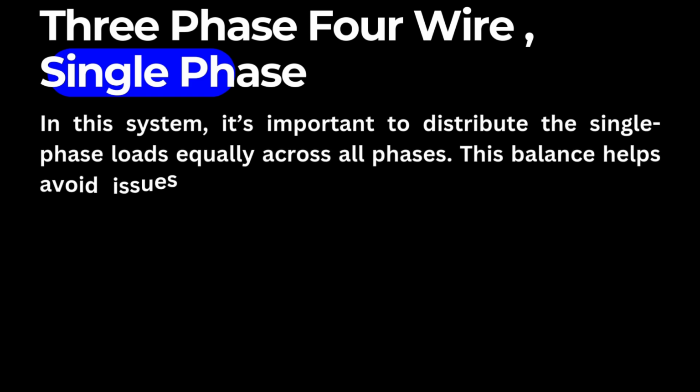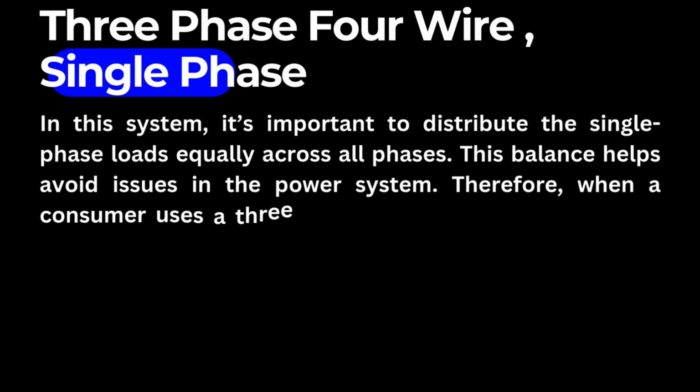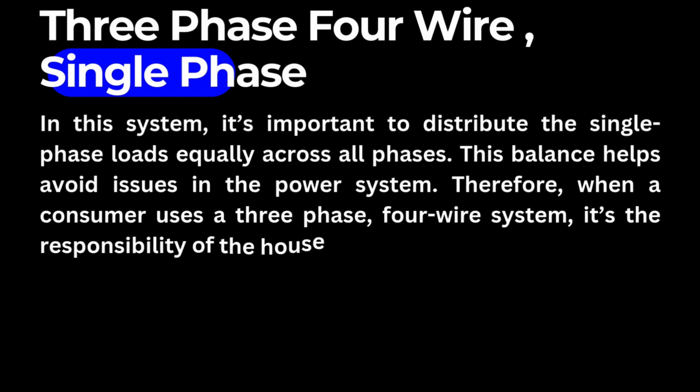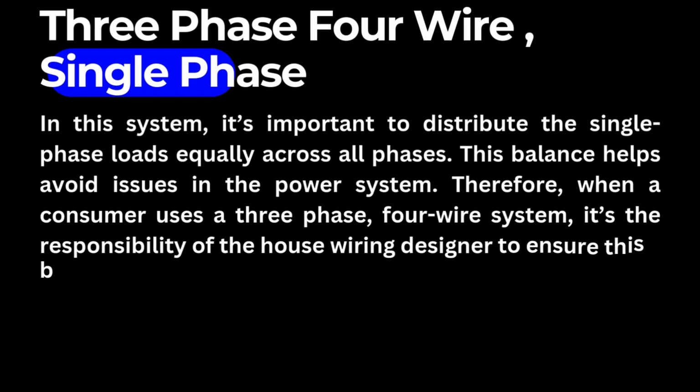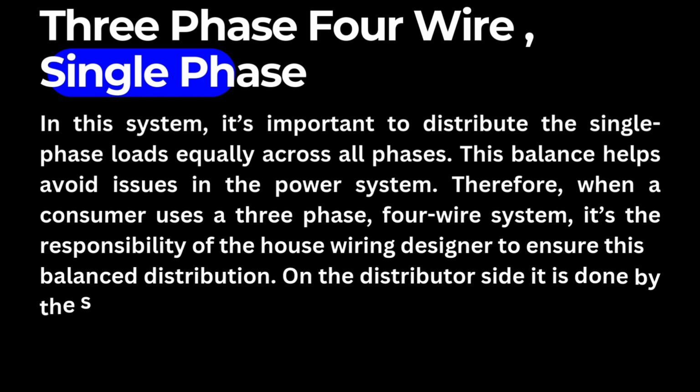This balance helps avoid issues in the power system. Therefore, when a consumer uses a three-phase four-wire system, it's the responsibility of the house wire designer to ensure this balanced distribution. On the distributor side, it is done by the supply authorities.